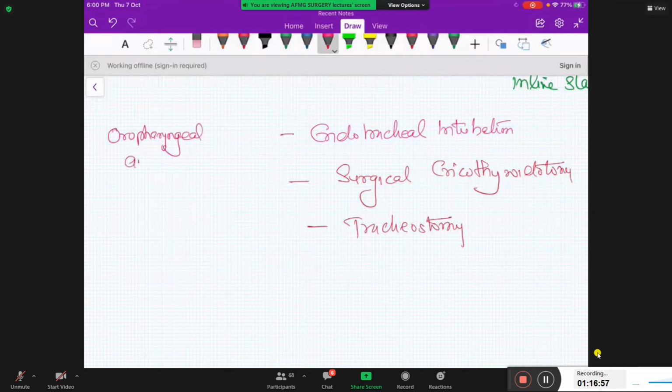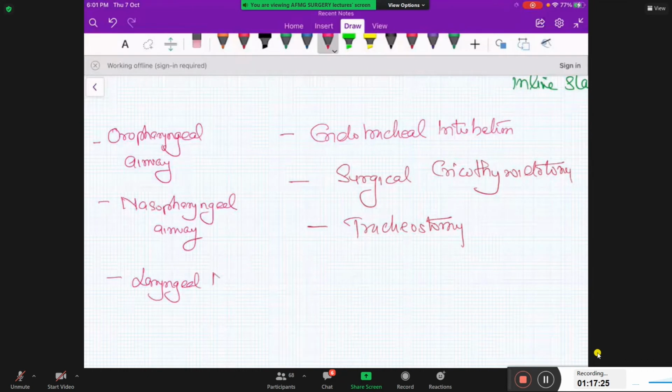Anesthesia हो गया तो फिर तो मेरे लिए आसान है काम. Oropharyngeal airway, हाँ? Nasopharyngeal airway, laryngeal mask airway.